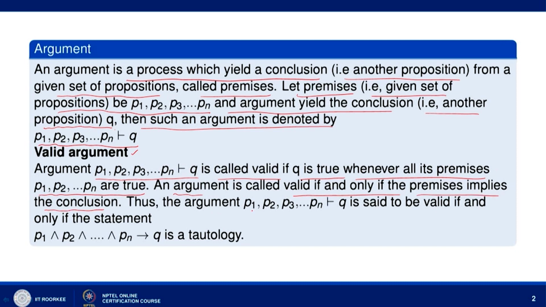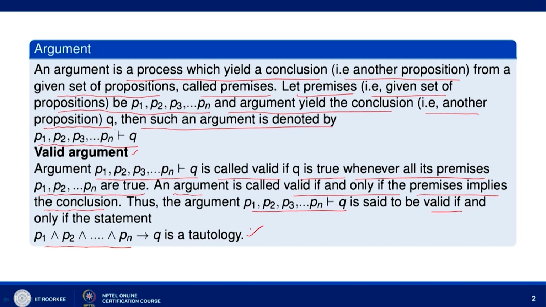Thus, the argument P1, P2, P3, Pn gives Q is called valid if and only if the statement P1 and P2 and so on and Pn implies Q is a tautology. That is, when you form the truth table of P1 and P2 and so on and Pn implies Q, the last column should have all truth values T.